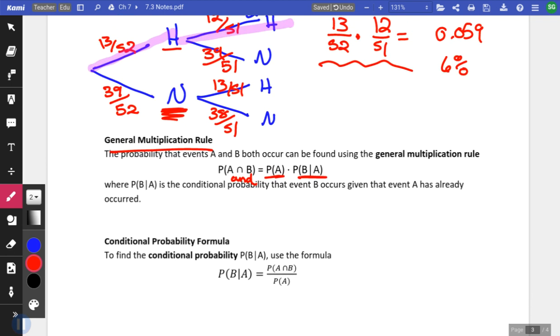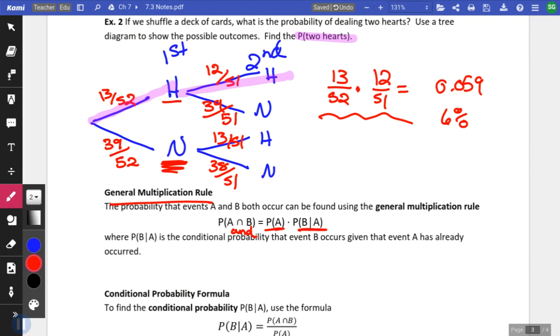So let's see if it works for this heart example. Probability of 2 hearts. So P of heart and heart. So the probability of drawing a heart, so I'm doing P of A, was 13 out of 52.